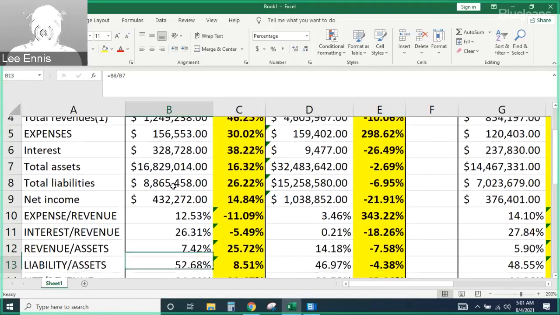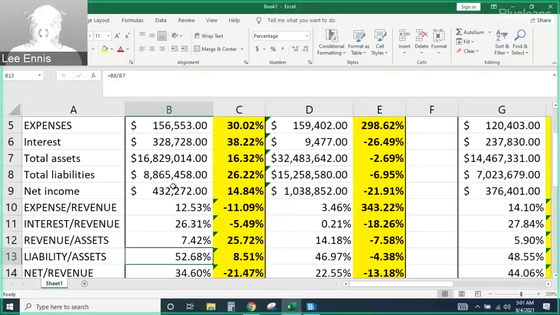And then we have liabilities to assets, which is how much of their assets are being funded by their liabilities. Of course, we don't want a company that has $100 in loans but only owns $50 worth of stuff. That's ridiculous. Why would you have a loan for $100 but only own $50?